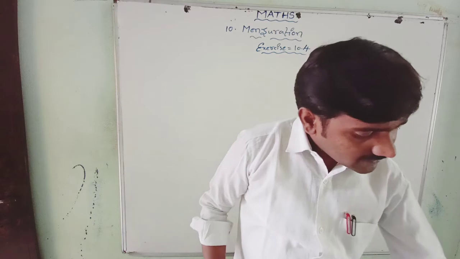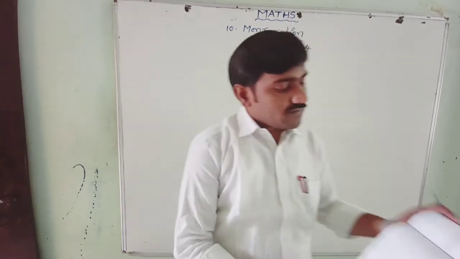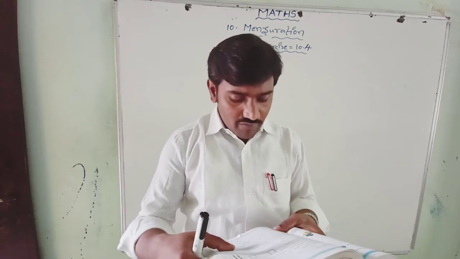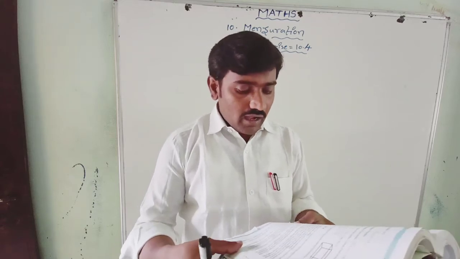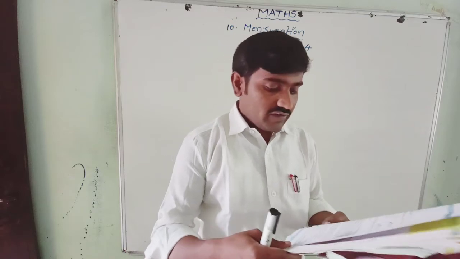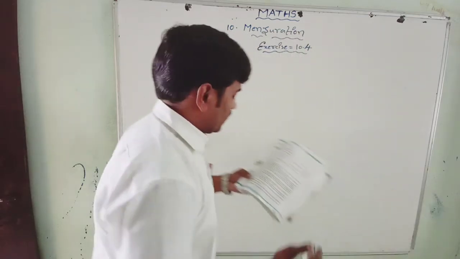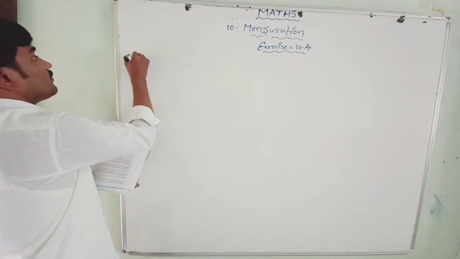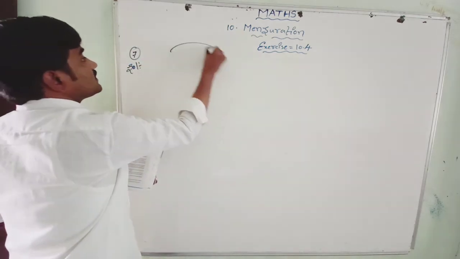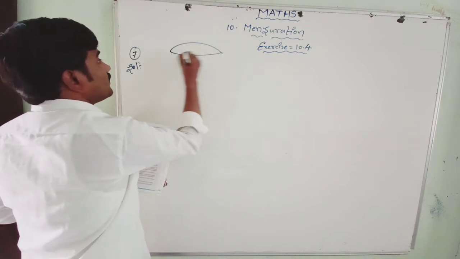Question number 7 is: a vessel in the form of an inverted cone. Okay, a vessel is in cone shape. Vessel means a container.